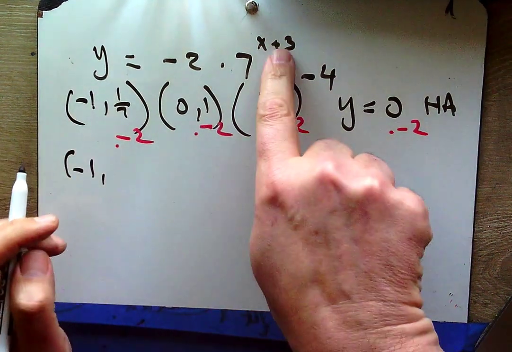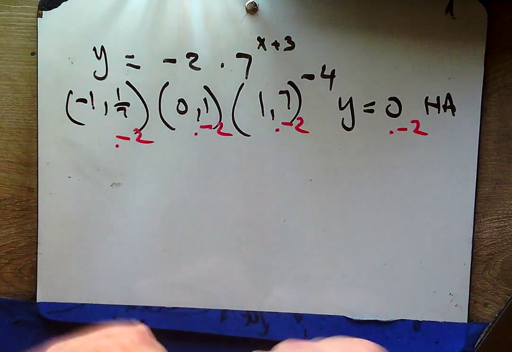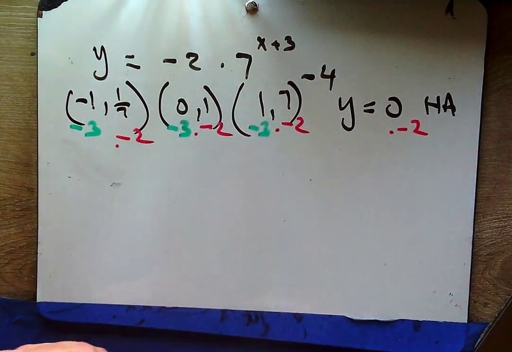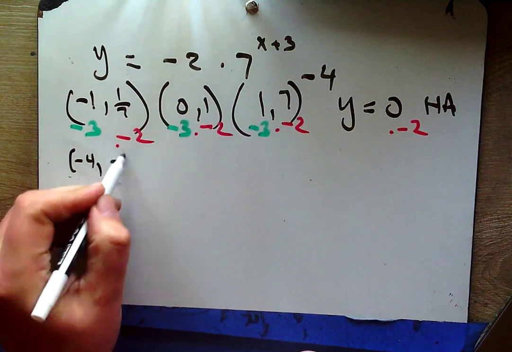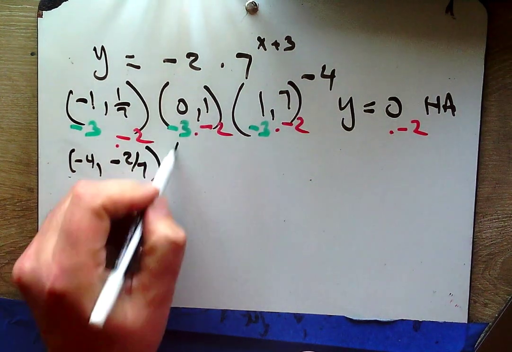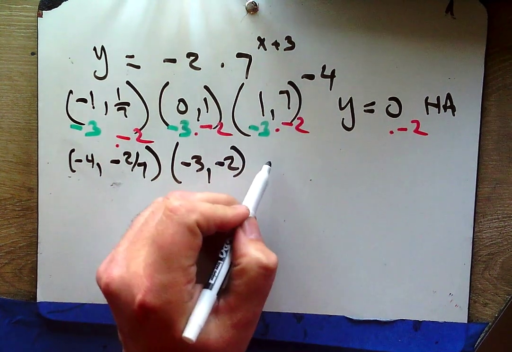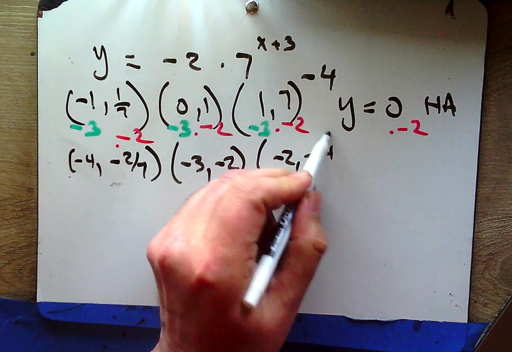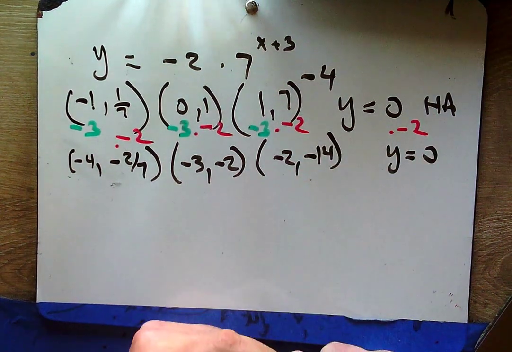Ooh, I guess I could do that transformation now at the same time, couldn't I? Sure, let's take care of that. Let's subtract 3 from all the x's. So now I've got -4, -2 sevenths, -3, -2, and -2, -14. Y equals 0 is still our horizontal asymptote.